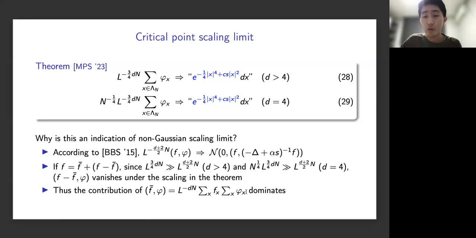And we know how this sum of phi x converges. So the contribution of the mean of this function f dominates in the limit where n goes to infinity. Therefore, we can compute the scaling limit of a general field when its mean is not equal to 0.